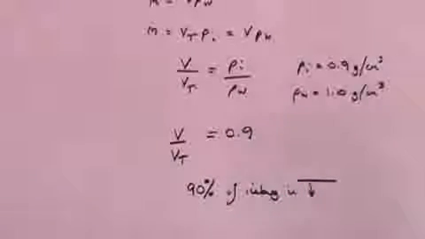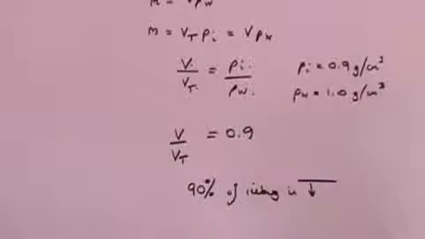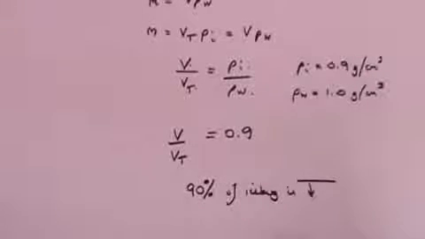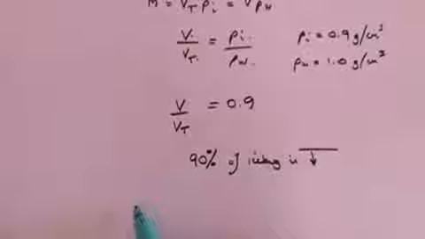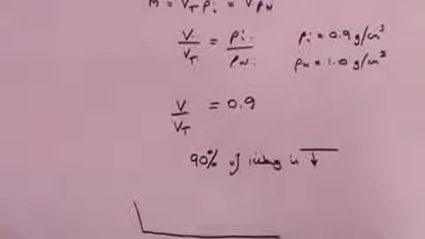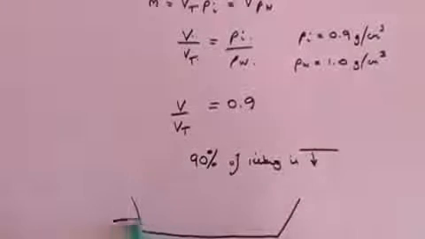And that begs the question, how then can a ship float? Because a ship is made out of iron or steel, and that is much more dense than seawater. And the answer, of course, is that it is not a massive chunk of iron or steel. What you have is an iron or steel shell that floats in the water.